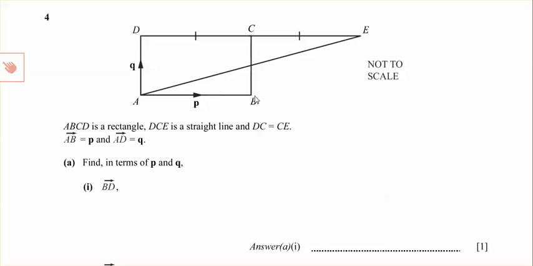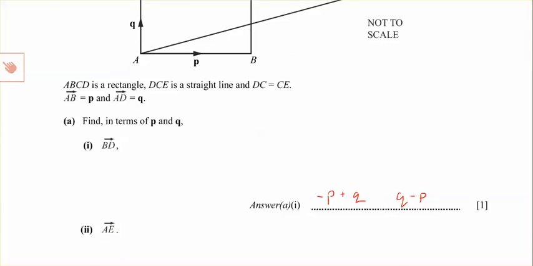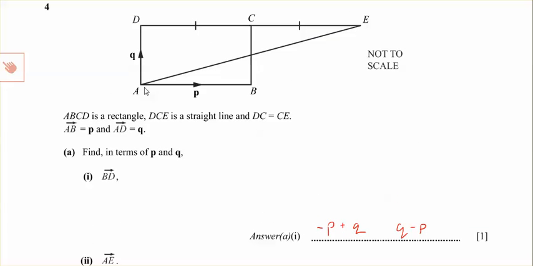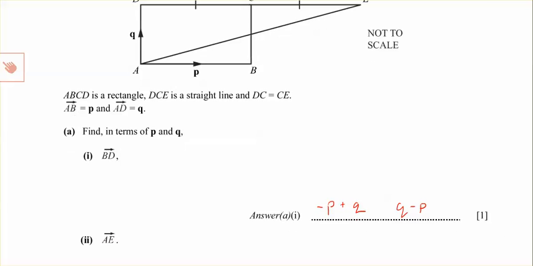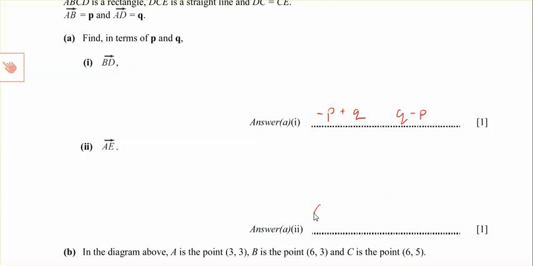Find B to D. So B to D, so we go minus P plus Q. Minus P plus Q. Or Q minus P. Okay? B to D. That's the way. A to E. Well, A to E is just Q plus 2 P's, because we know they're the same. Okay? Q plus 2 P's.